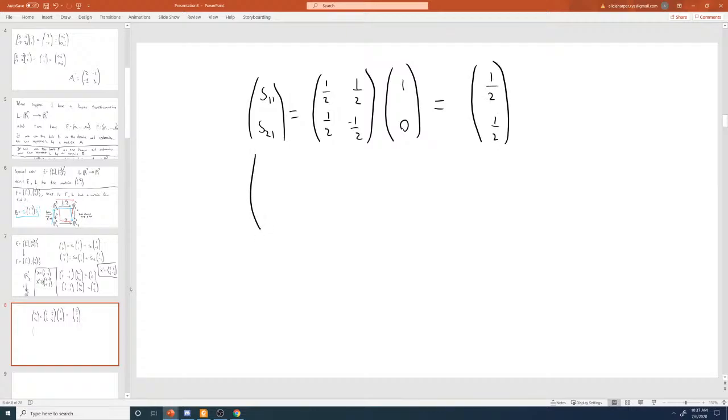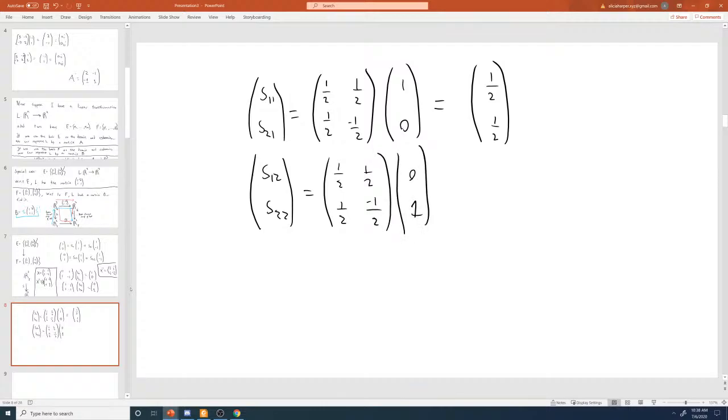And likewise, I find that S12, S22 is the same thing as this matrix multiplied by the vector 0, 1.